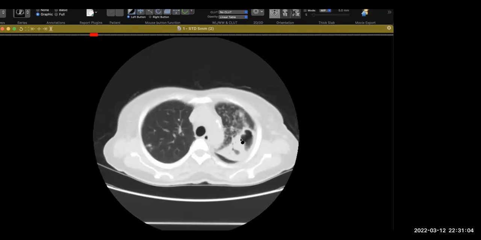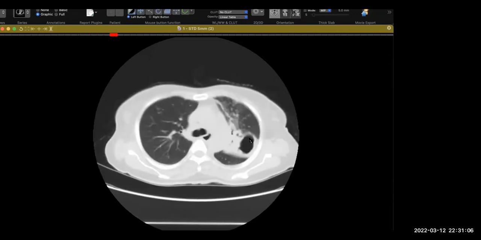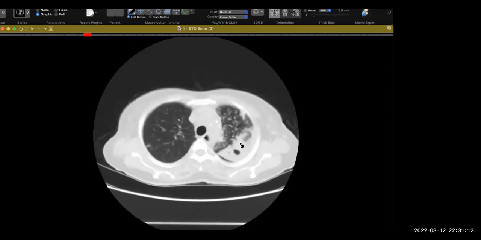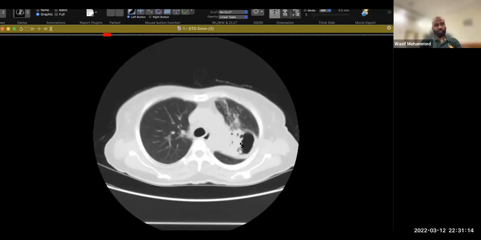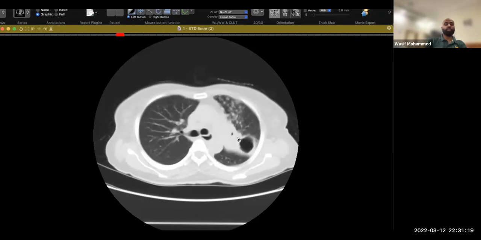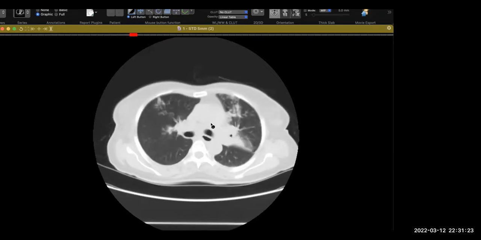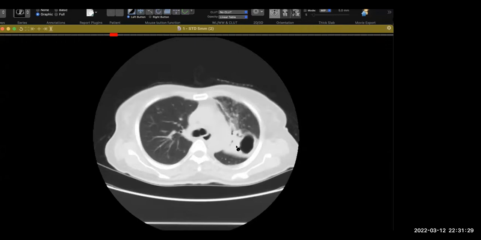In an elderly patient, my first possibility was pneumonia, but because the patient has already been treated, I'm also thinking... This patient was given antibiotics for a week and didn't respond, so the CT was done. In my routine practice, I also look at the mediastinal window to look for nodes, because this has not resolved.